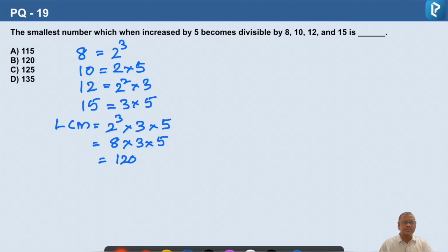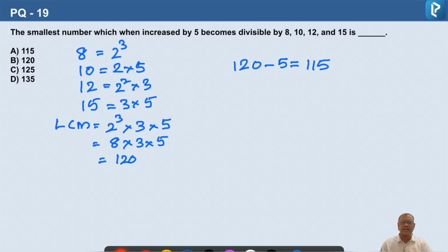Now, we should find a number which on adding 5 gives 120. That means we have to subtract 5 from 120, and we get 115.